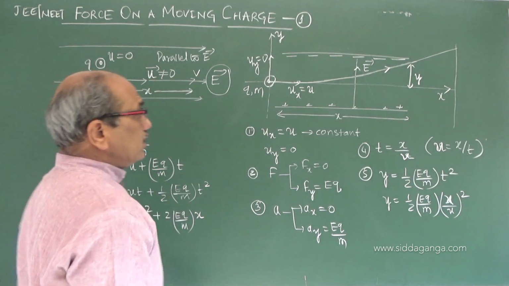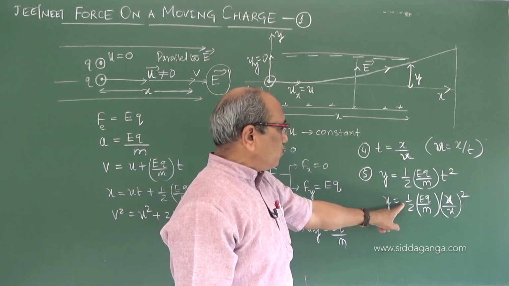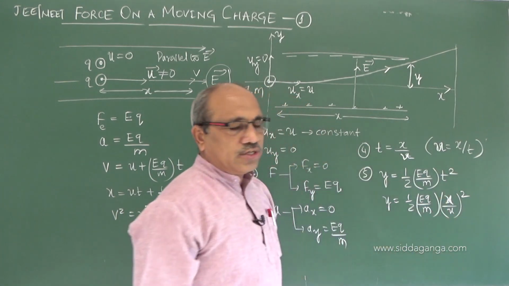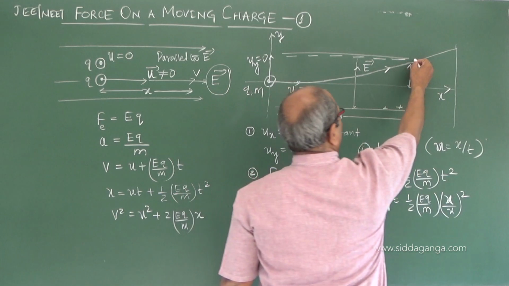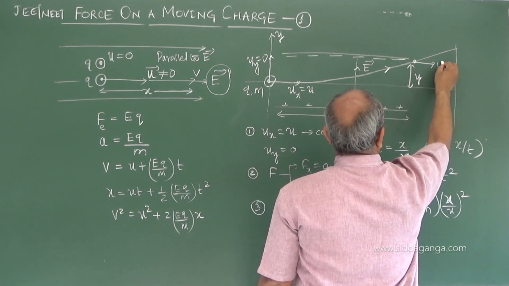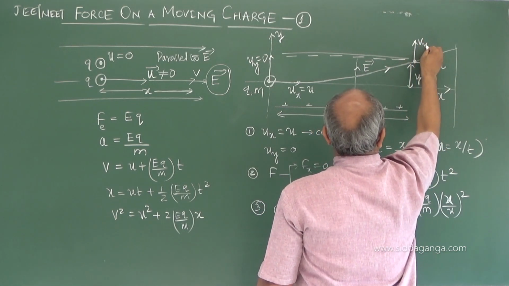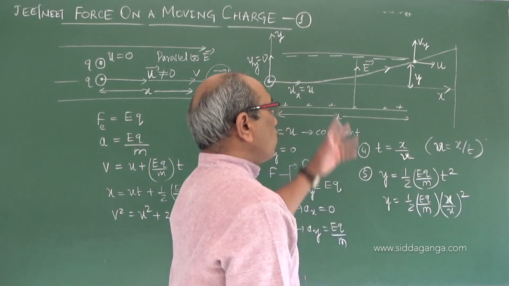That is the distance covered along the y direction, taking initial velocity 0, therefore ut is 0, and it is half eE by m into x by u whole square. Or if you want the velocity at the exiting point, the velocity in this direction is fixed, that is ux, and in the other direction vy. What is vy?